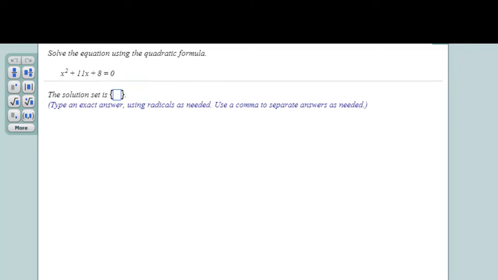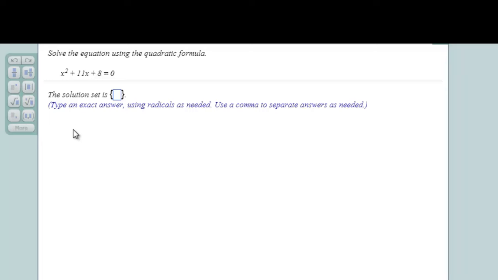All right, next question. This one says solve the equation using the quadratic formula. Now, for this, it's a quadratic. Quadratics can be solved in many different ways. You could try factoring, you can try graphing. This one says specifically the quadratic formula. Since you really don't show work with this particular question, you can use any method.